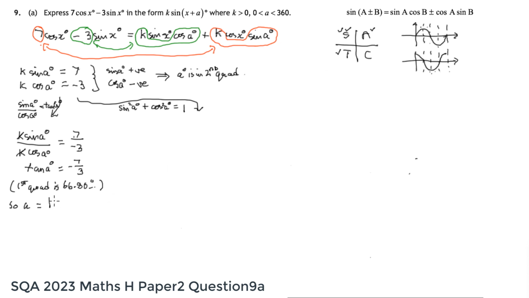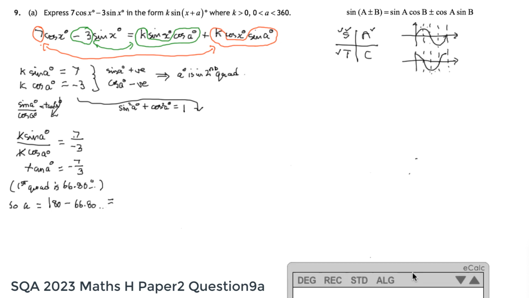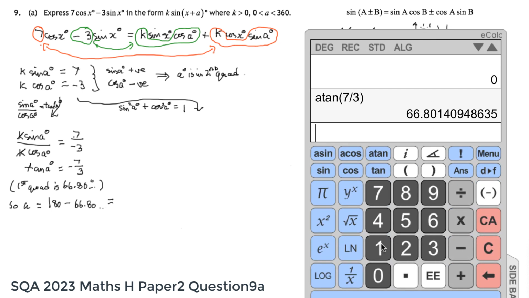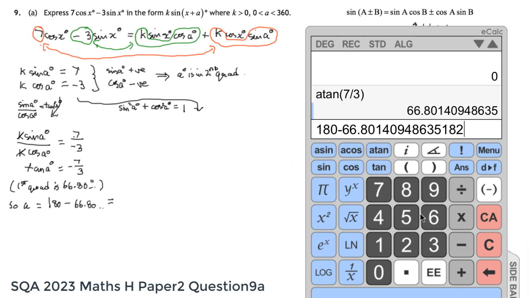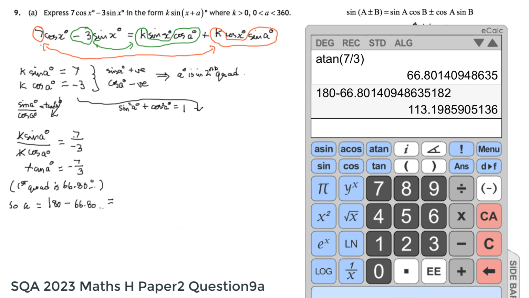So it's 180 minus 66.80 and so on. So what does that come to? It's 180 minus that answer. And we get 113.19 and so on.